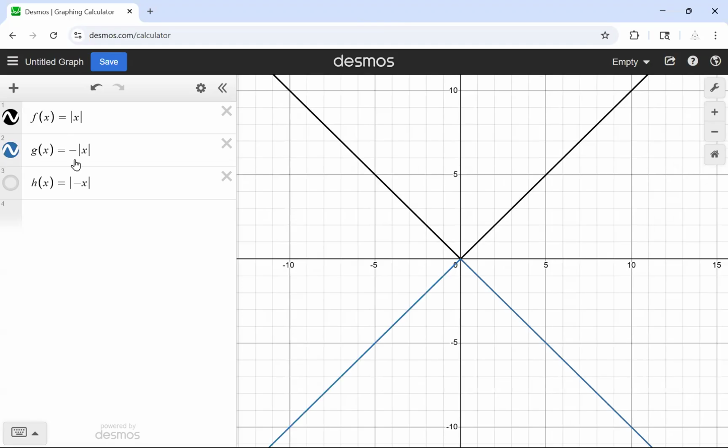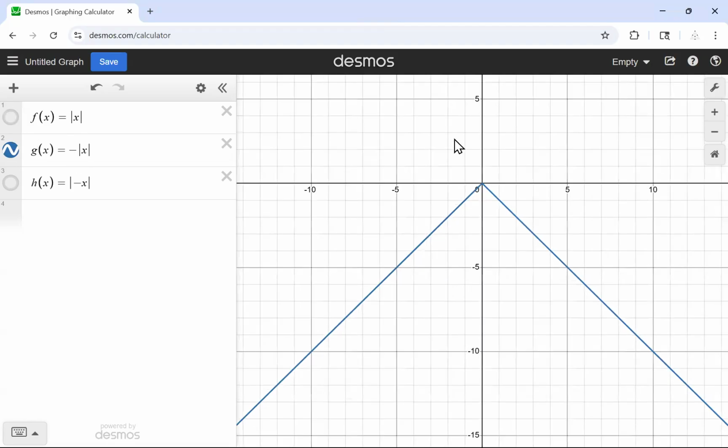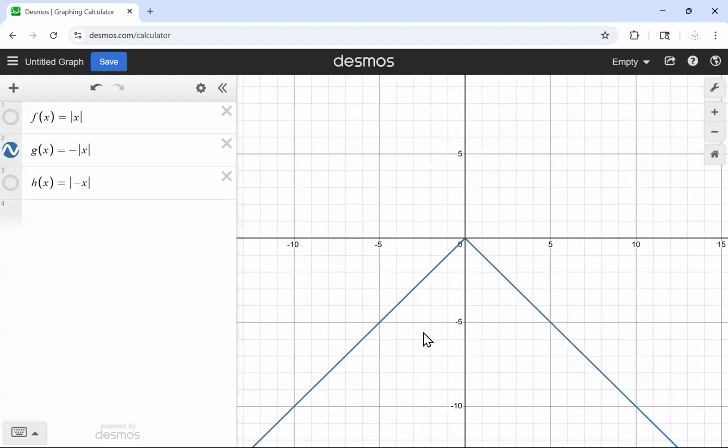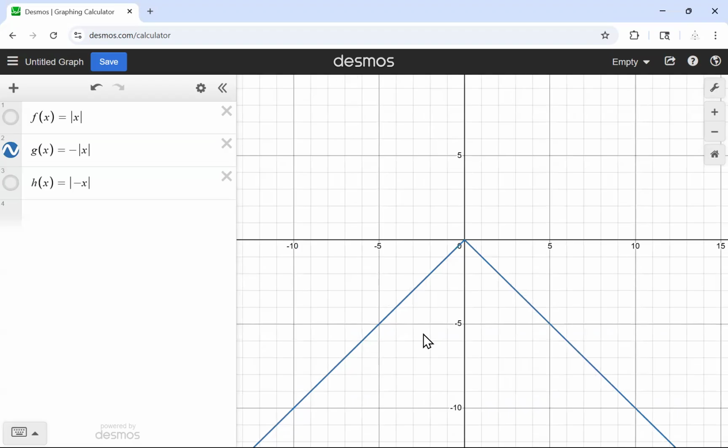That's the negative on the outside. Then now that V shape is pointed down and the tip is at 0, 0 or the origin. So we get this V shape pointing down when I do g of x is equal to negative absolute value of x.